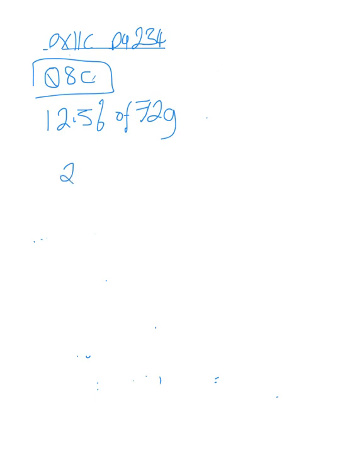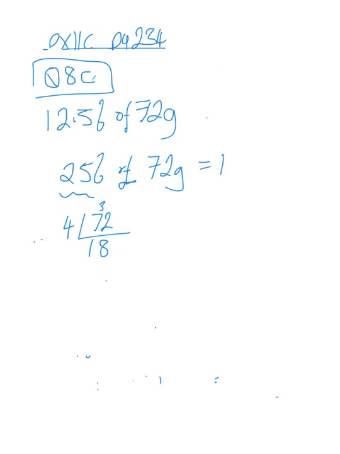So if I work out what 25% of 72 grams is, 25% here is the same as a quarter. So I can say 72 divided by 4: 4 into 7 goes once, remainder 3. 4 into 32 goes 8 times. So 1/4 of 72 grams is going to be 18 grams.